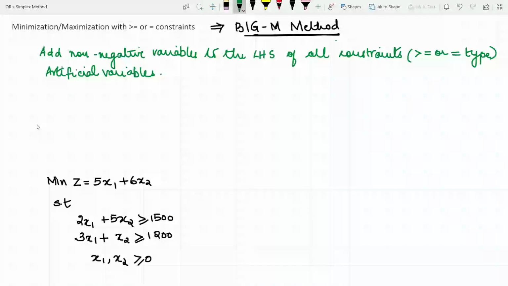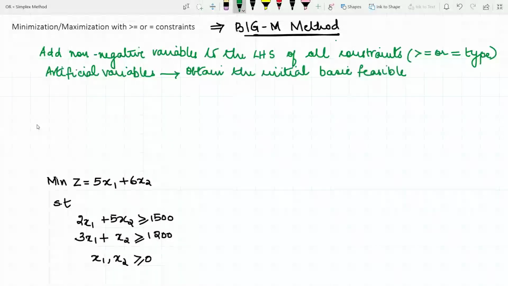Now, the purpose of introducing these artificial variables is to obtain the initial basic feasible solution, as we did in the less than or equal to constraint.